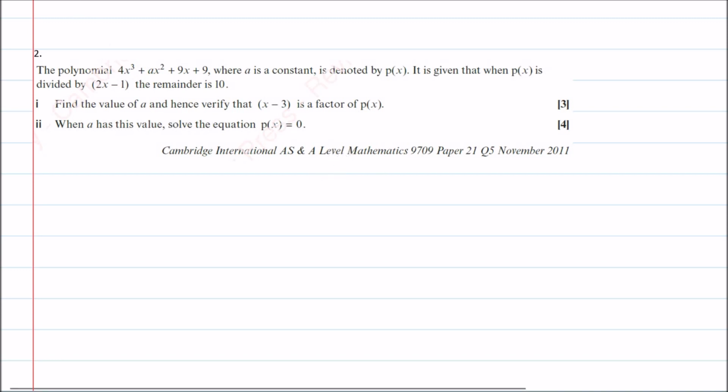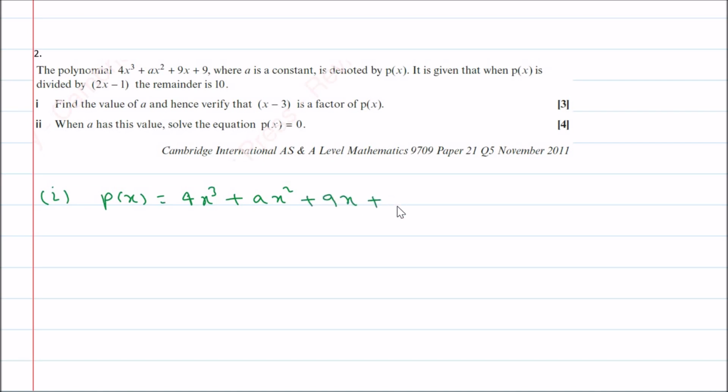Part 1. p(x) is equal to 4x cube plus ax square plus 9x plus 9.